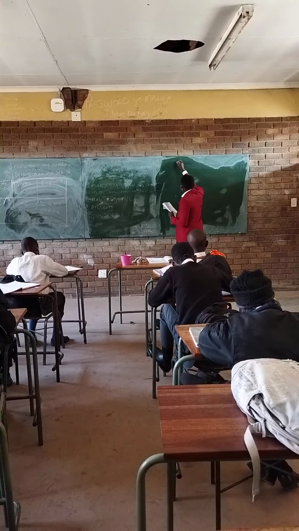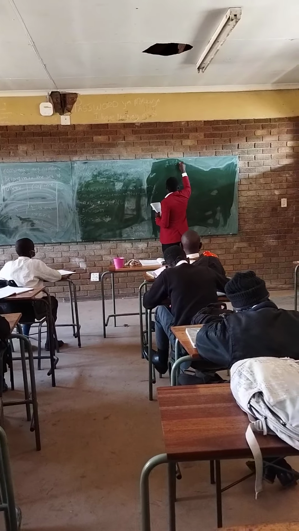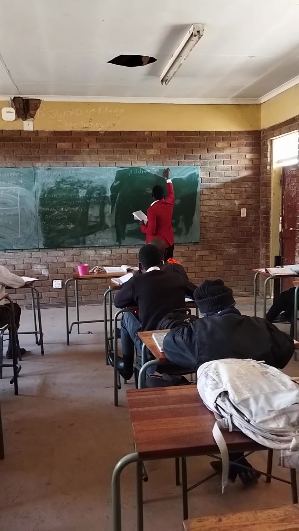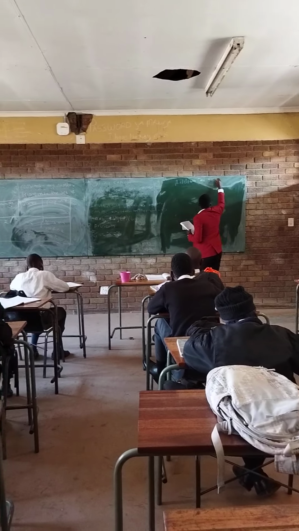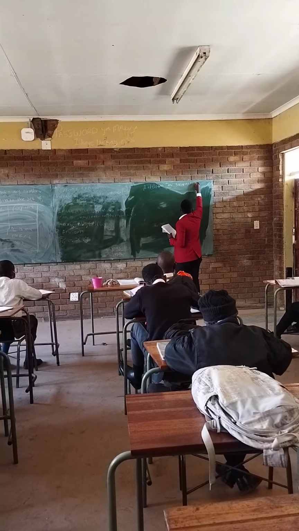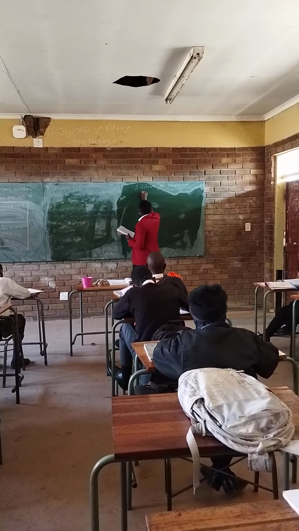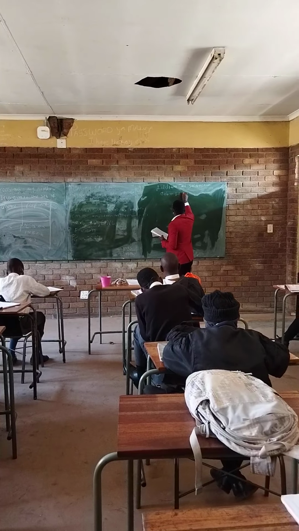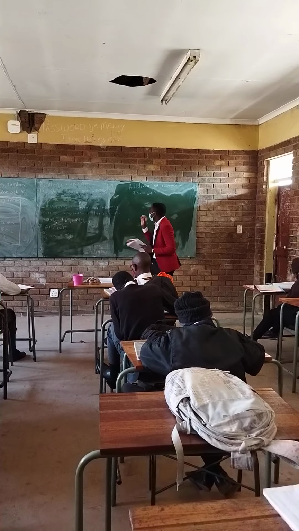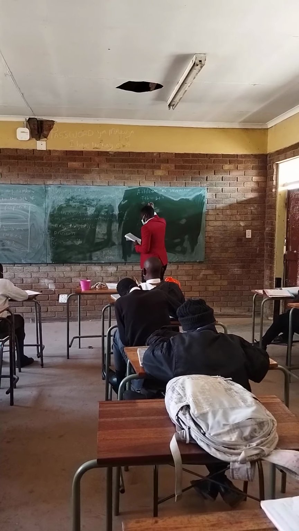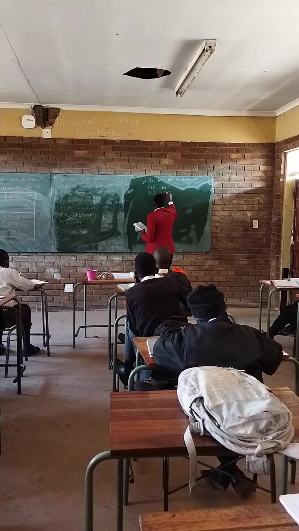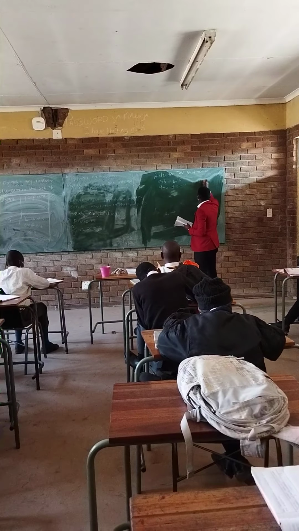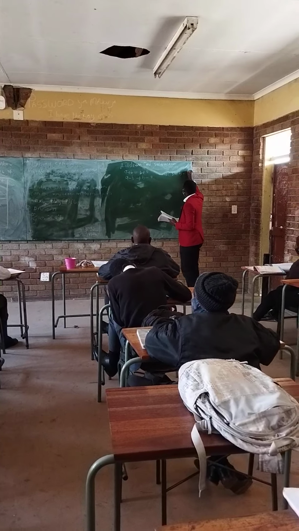Another thing, addition and subtraction, where A plus B can be written as B plus A. But A minus B cannot be written as B minus A. Let's say, for example, A equals 3 and B equals 1.